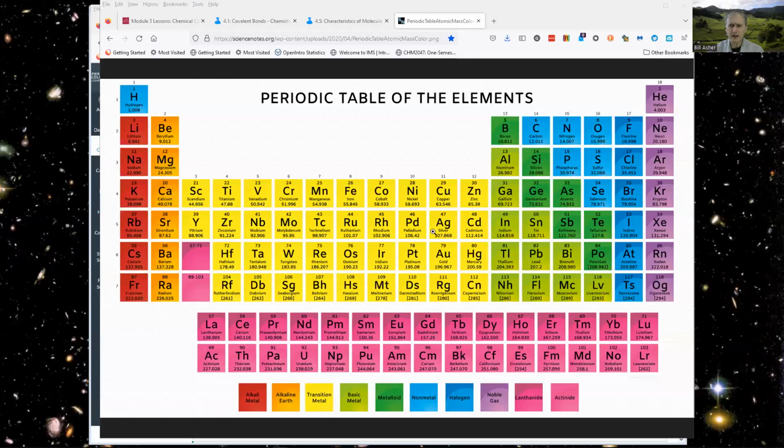When you look at ionic compounds, you want to remember that they mostly form between metals over here. Remember, metals are down here over to the left, and nonmetals up here over to the right. So for example, sodium and chloride, table salt, is a metal, sodium, bonding with chlorine, right?